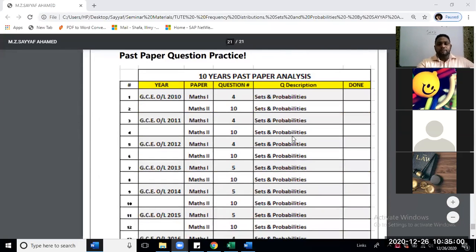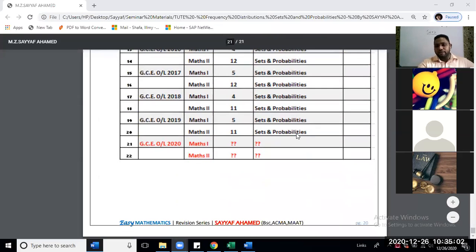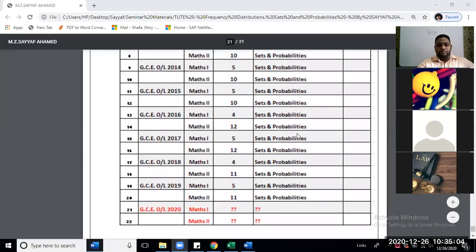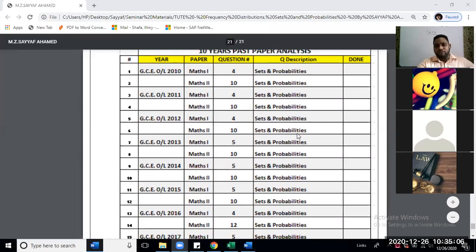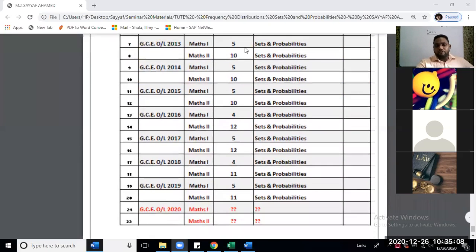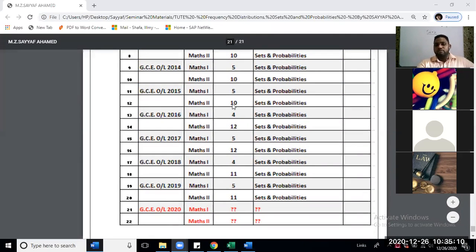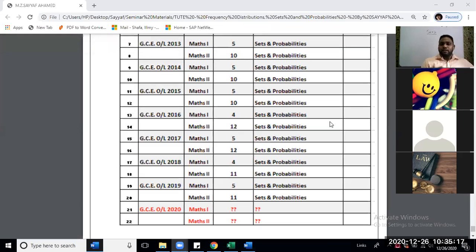Get it printed, and we have everything marked here, right? All the past papers. If you can see the past paper analysis of the last 10 years, every single paper, both paper 1 and paper 2, has a question on sets and probability. So just allocate 2-3 hours at a stretch, take a past paper, sit with it and do it.